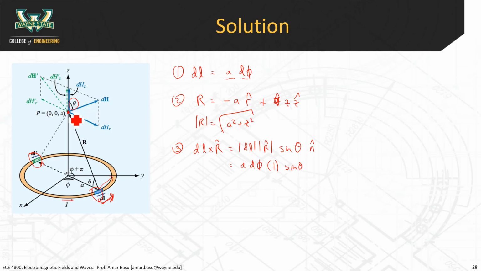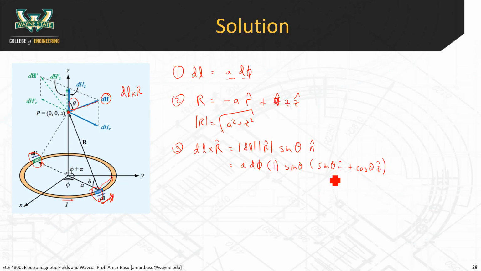So your dl cross r is actually going to be pointed in that direction. Notice that this has an r hat component and a z component. So if you were to actually write out both, you'd find that this is equal to sine of theta times r hat plus cosine of theta times z hat.